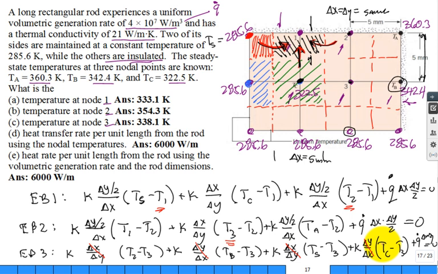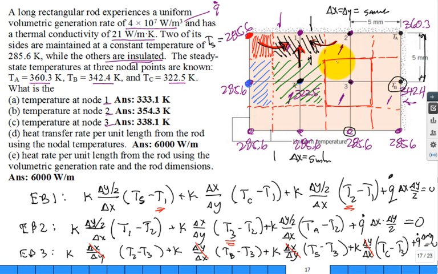All right? Hopefully that makes sense. Did it look okay? Now the volume for node 3 is a full delta x times delta y, not a delta x times delta y over 2.